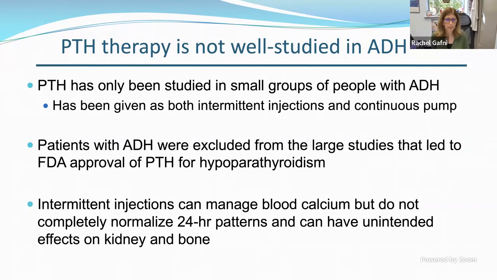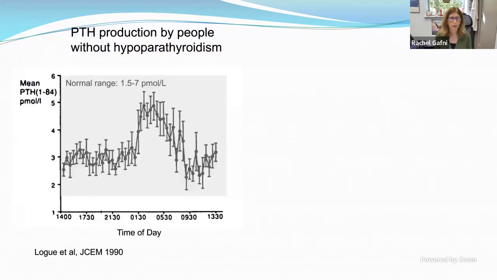Intermittent injections, based on what we know, can manage the blood calcium, but do not completely normalize 24-hour patterns and can have unintended effects on the kidney and the bone. And this makes sense. This graph shows the PTH production over a 24-hour period by people without hypoparathyroidism.